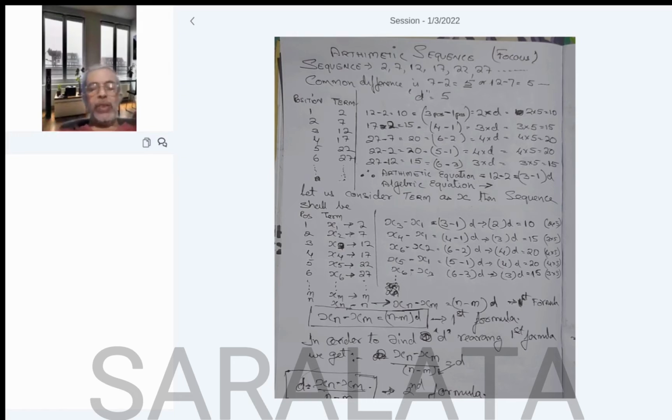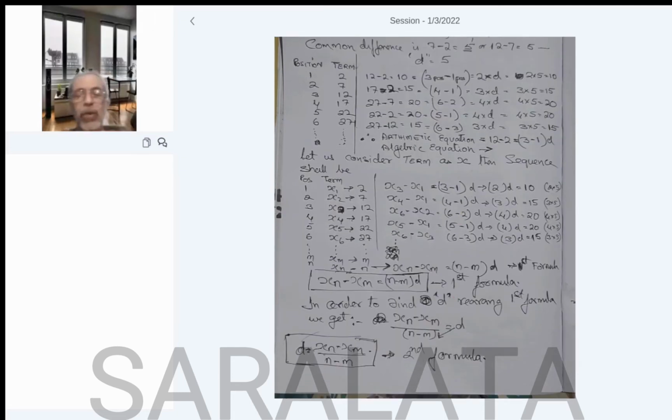Okay, and the third one is I need to find out what xn is. How do I find my xn in this? To find xn, all I need to do is separate my xn from the above formula, the first one that we found.